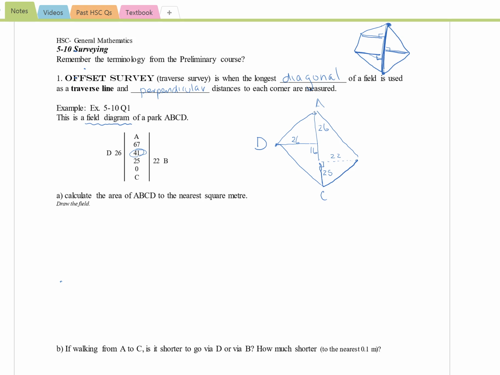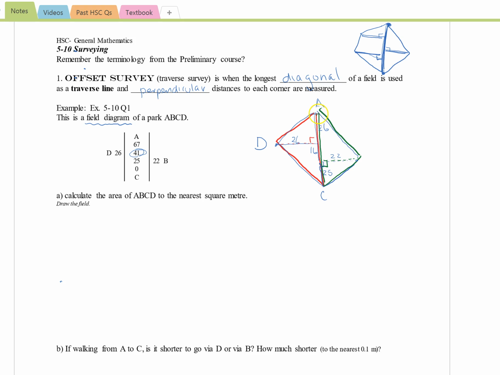From that, you can see that we could calculate the area, and in essence we've got two triangles. I'll try to outline them. We've got this triangle with its perpendicular height, and we've got, let me do it in green, this triangle, and we know its perpendicular height.